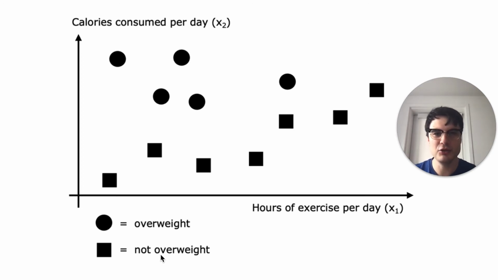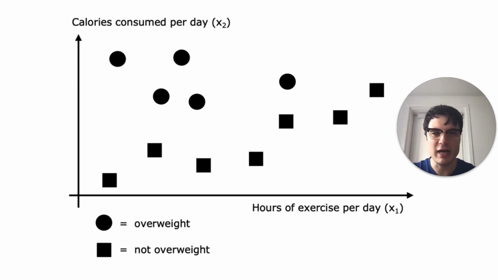The two input variables that we have are each person's hours of exercise per day, x1, and the calories consumed by that individual per day, x2. We plot each individual on this two-dimensional plot, as a circle if they're overweight, and as a square if they're not overweight.